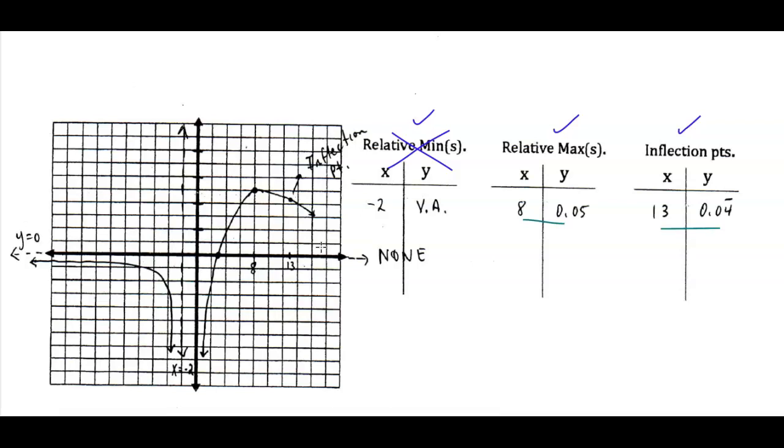All right, so I wanted to quickly go through just one more example. I'm not going to go through it as detailed as I did this one, but I do want to show you at least one example of some functions where it can get a little tedious, but it's really what this process is made for as far as using first and second derivatives to be able to sketch a graph of a function.